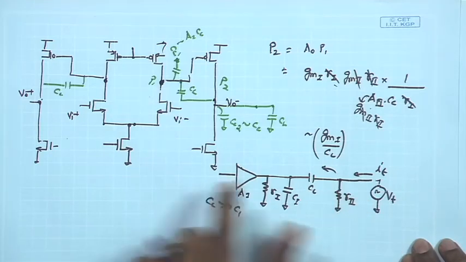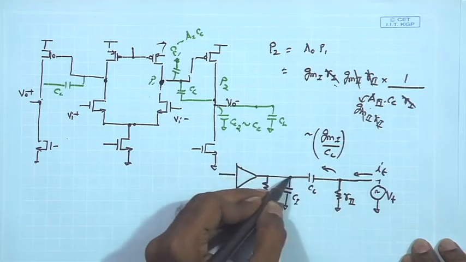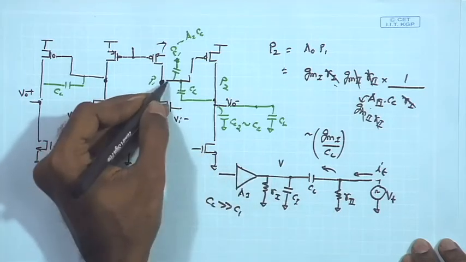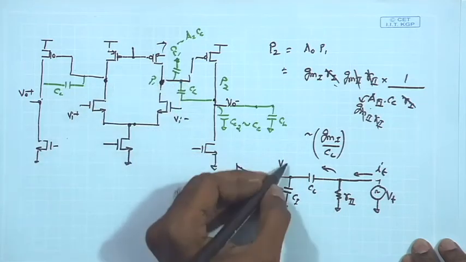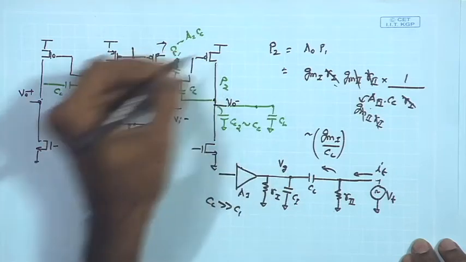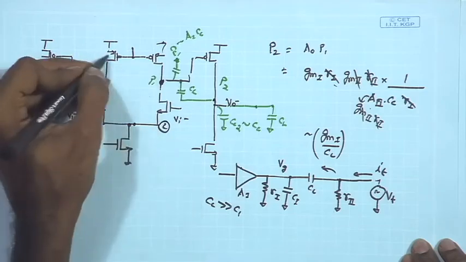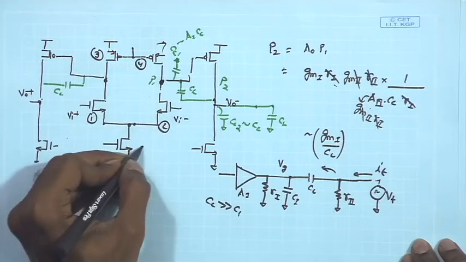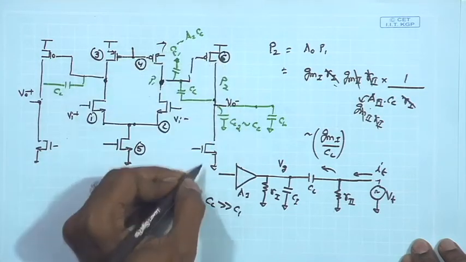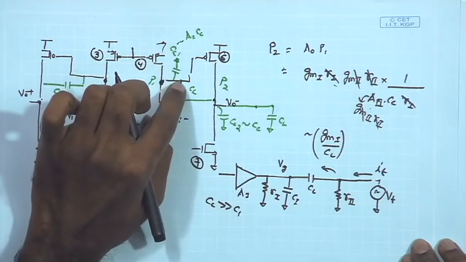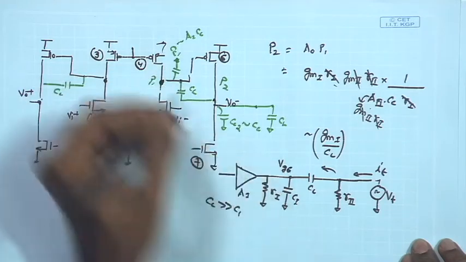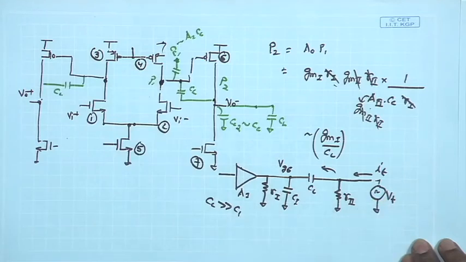So, in that case what I can say is the overall voltage coming over here, I can call it the Vg of M6, because this is transistor number 1, 2, 3, 4, 5 and 6. So, let us call it M6. So, the total voltage over here, Vg6, is a small signal voltage coming over here because of the applied signal Vt.